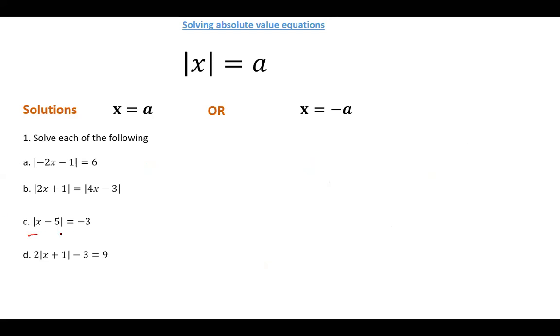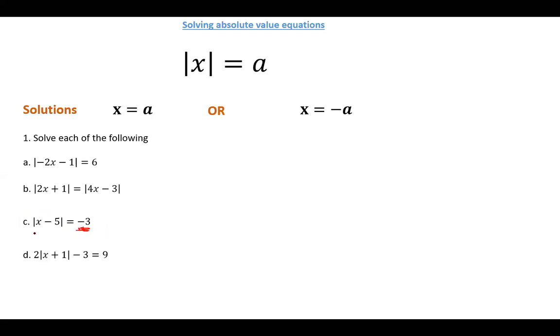So C is saying the absolute value of x minus 5 gives you negative 3. Just by looking at it, you can conclude that there is no solution for this question. Why do I say so? Look at this negative 3 and remember what I said here: when you find the absolute value of any number, whether positive or negative, the answer has to be positive.